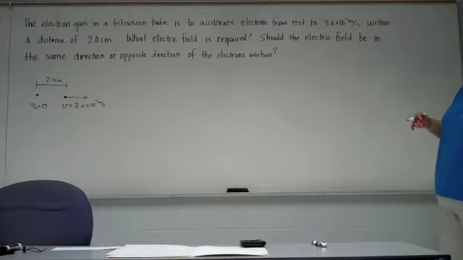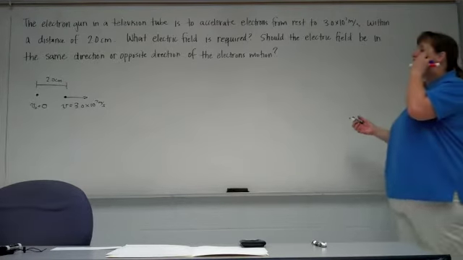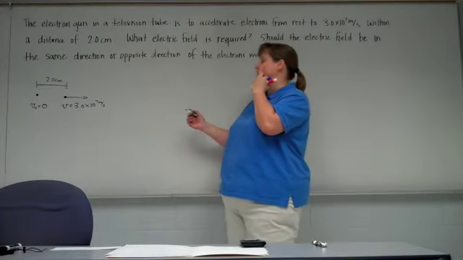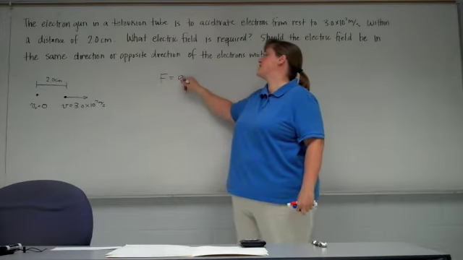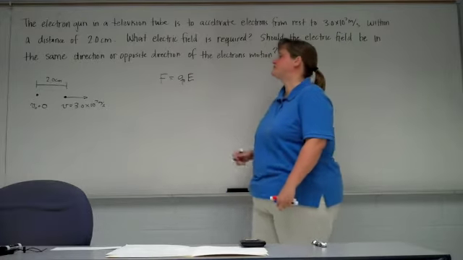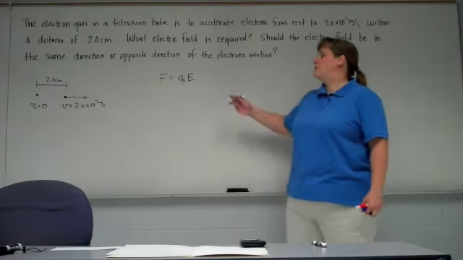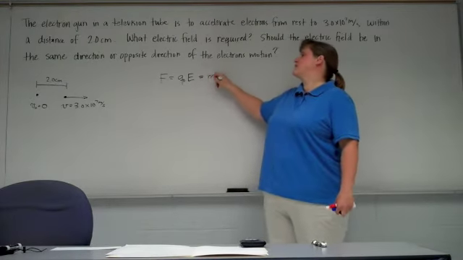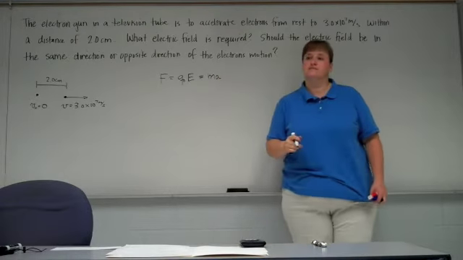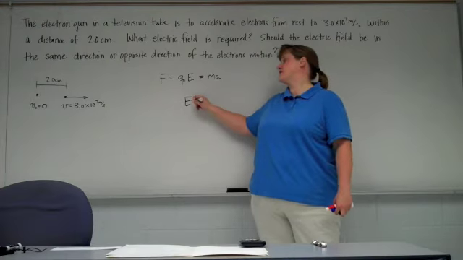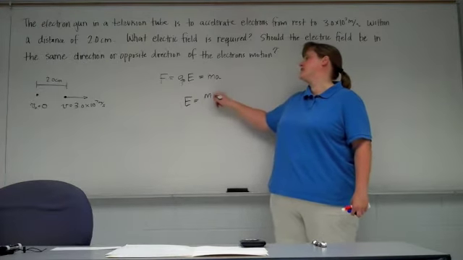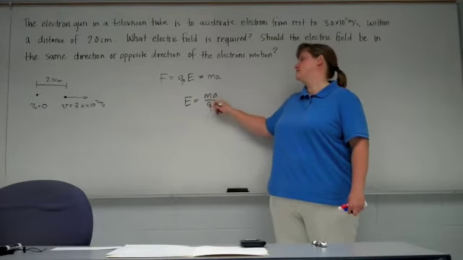So electric field. The electric field is what is causing the force. So force, we know, is Q naught times the electric field. But from Newton's second law, we know the force is also equal to ma. So the magnitude of the electric field is simply going to be ma over Q naught.